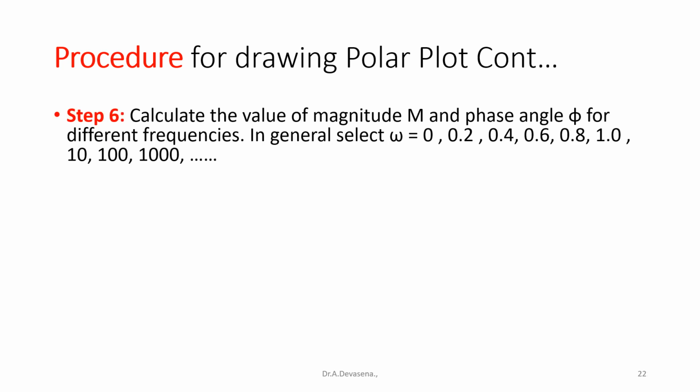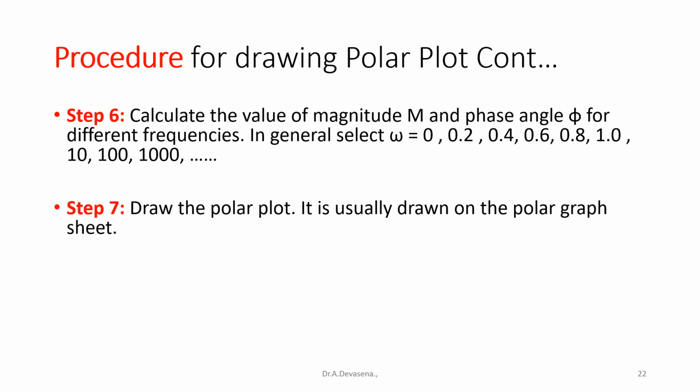Step 6. Calculate the value of magnitude M and phase angle phi for different frequencies. In general, we select the value of frequency omega as 0, 0.2, 0.4, 0.6, 0.8, 1.0, and it goes on as 10, 100, 1000. Step 7.